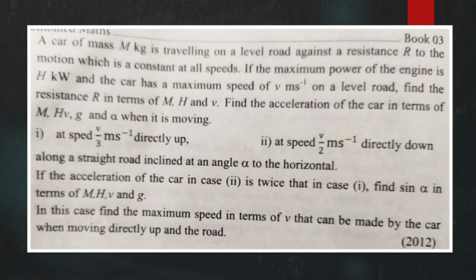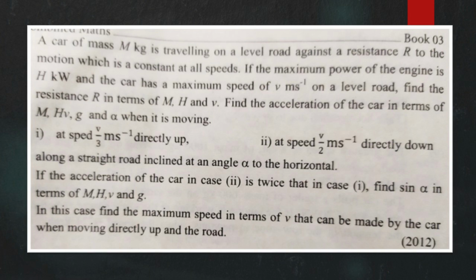Now I'm going to discuss an example. A car of mass M is traveling on a level road against a resistance R to the motion which is constant at all speeds. If the maximum power of the engine is H kilowatt and the car has a maximum speed v ms^-1 on a level road, find the resistance R in terms of m, H, v.